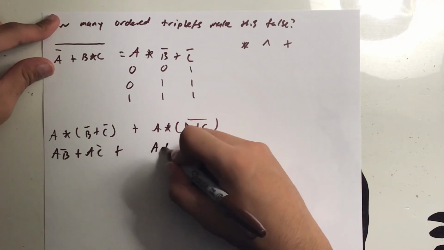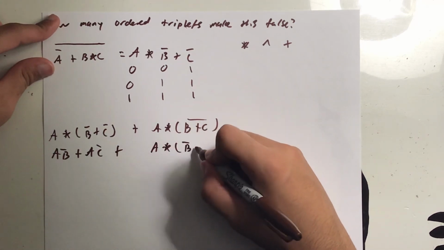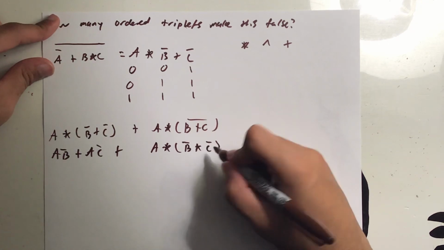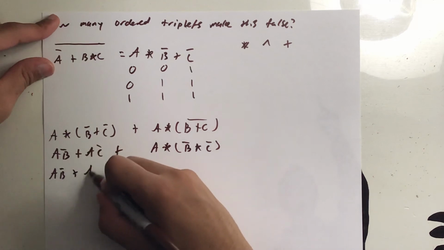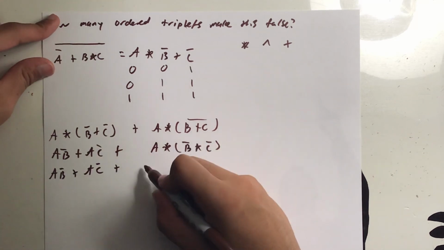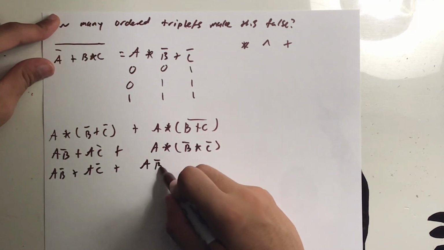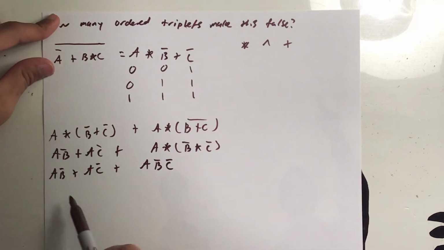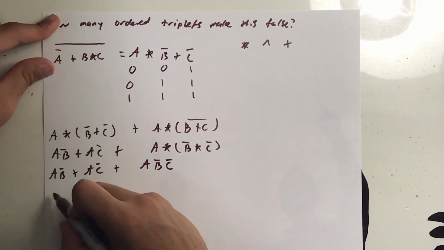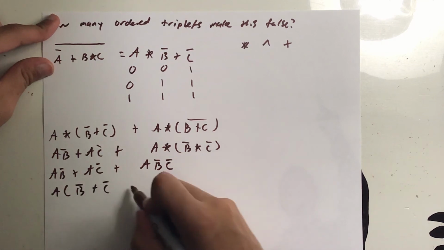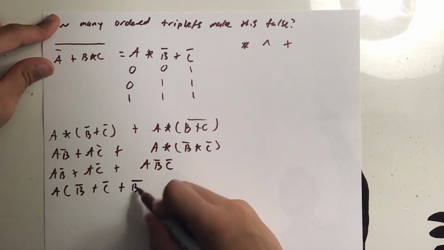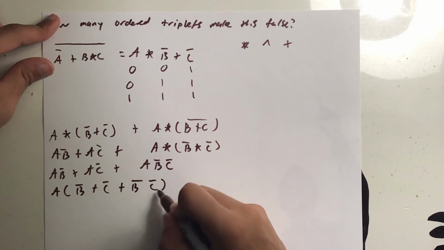This becomes A times not B and not C. So then this becomes A not B plus A not C plus A not B not C. We see all of them have an A. So then it becomes A times (not B plus not C plus not B times not C), right?